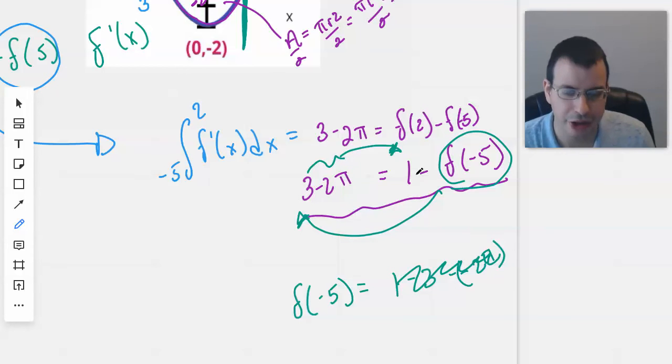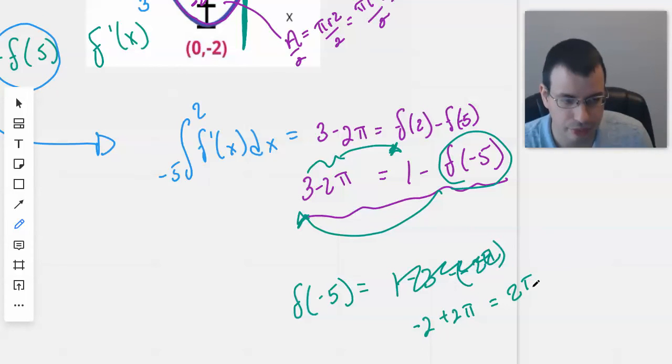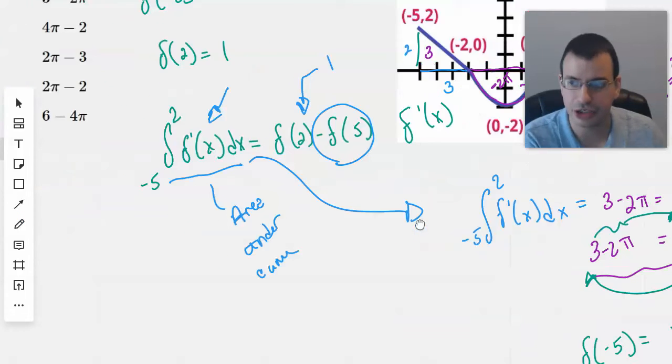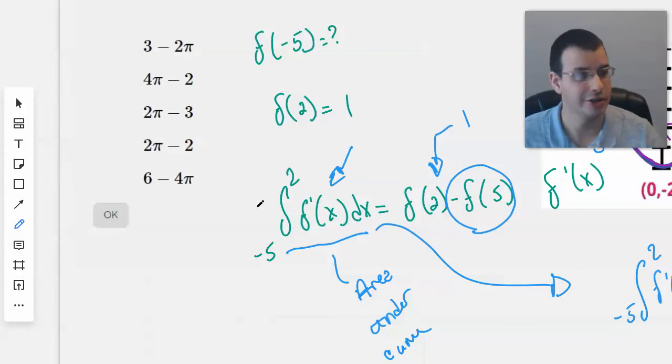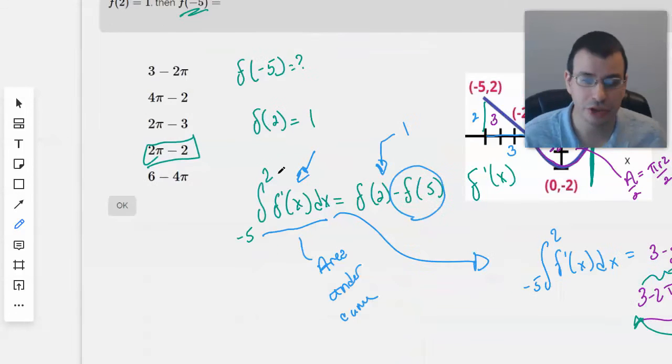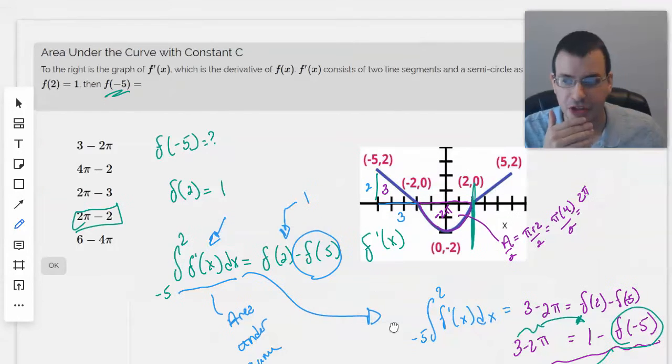Okay, so we have 1 minus 3, which will be negative 2. And then we'll add 2 pi. So it'll be 2 pi minus 2. So f of negative 5 is 2 pi minus 2, which is even a possible answer, which is nice. So this really kind of felt like it just came out of nowhere.